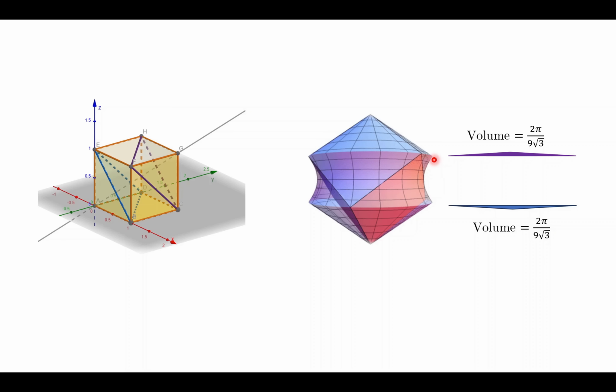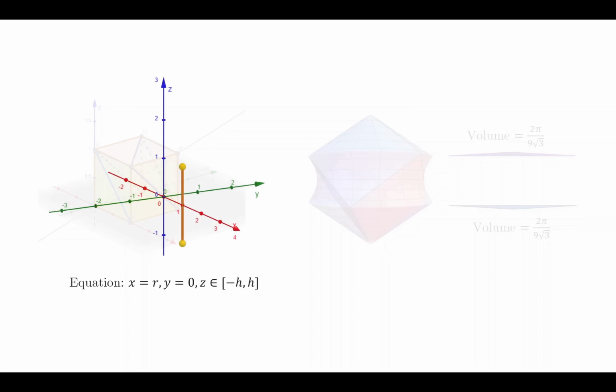But before directly calculating the volume, I would like to explore a scenario. Here we have a line segment at the point x equals r. Of course, in this diagram my r is 1, but in general I'm going to let it be r.